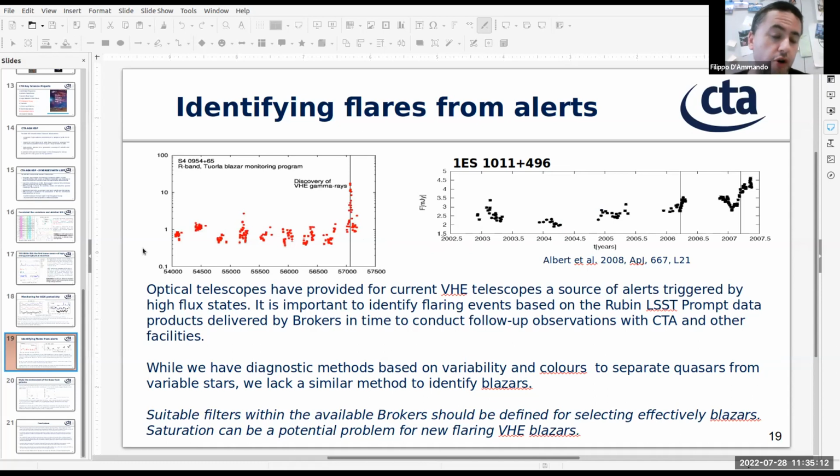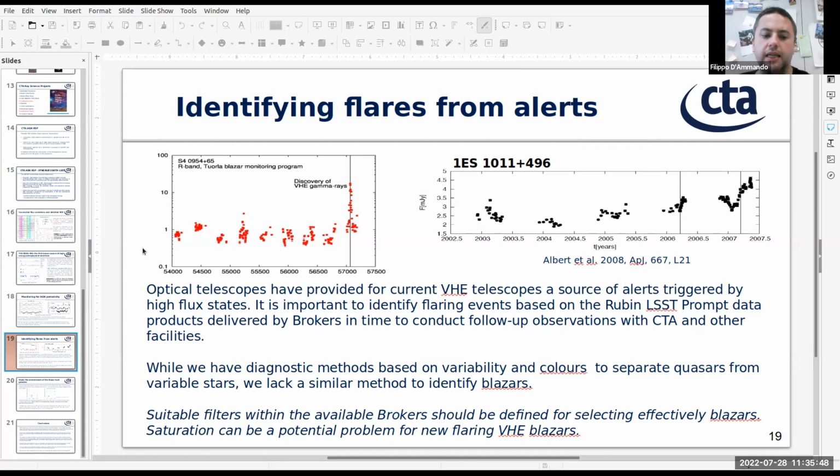And of course, the data products delivered by the brokers of Rubin LSST will be important for follow-up with the CTA. Currently, optical telescopes have provided alerts for current very high energy telescopes that lead to the detection of very high energy emission. This will be even more important in the LSST era.